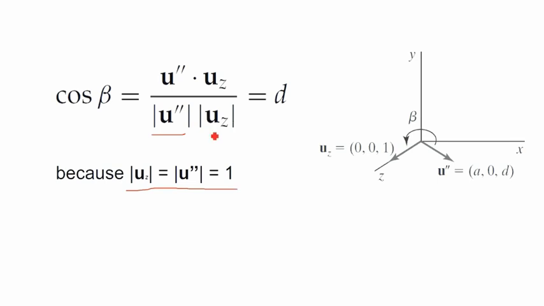The dot product is 0 into a plus 0 into 0 plus 1 into d, which gives d. So cos beta would be d.